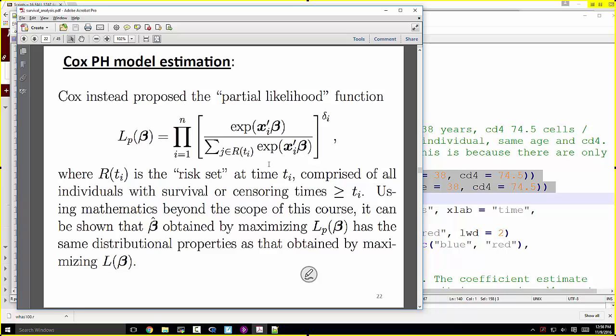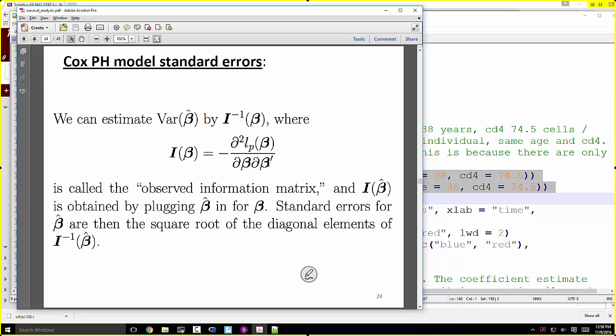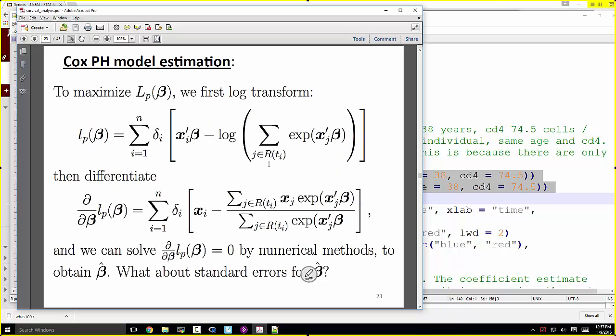So there are results that the coxph function in R does for us to maximize that function with respect to beta, giving us estimates like maximum likelihood estimates, but these are more maximum partial likelihood estimates.